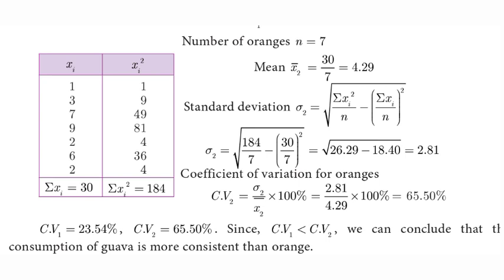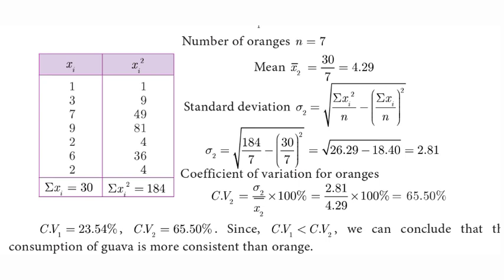Now find the standard deviation sigma 2, using the direct method. Therefore root of summation xi square divided by n minus summation xi divided by n, the whole square. We put i equal to 2 because it is the second value.